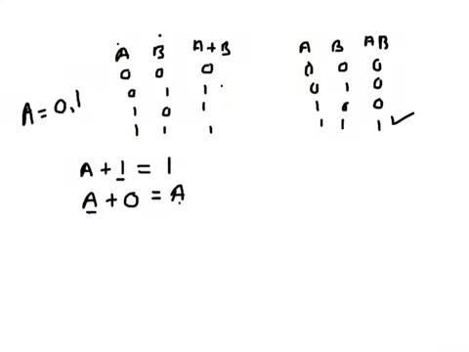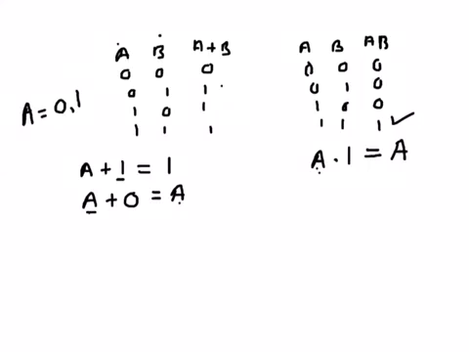Looking at the AND option, A and 1 is always A. It's like an algebraic product, but even conceptually, if A is 0, 0 and 1 is 0, or if A is 1, 1 and 1 is 1.